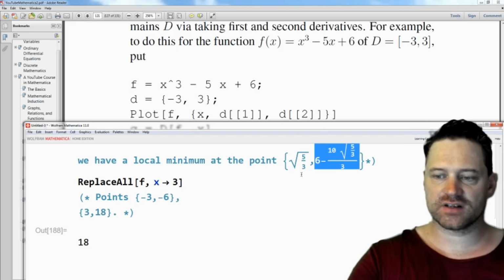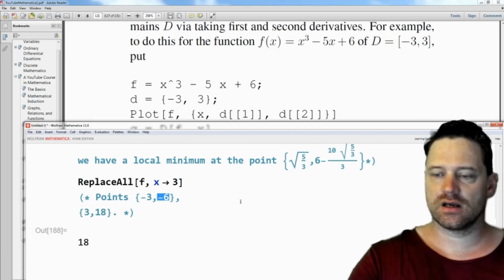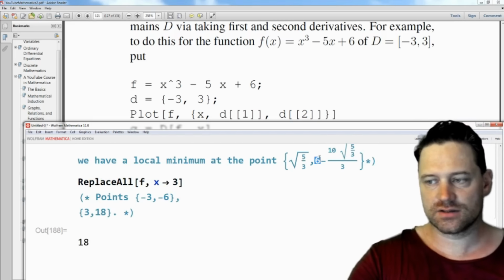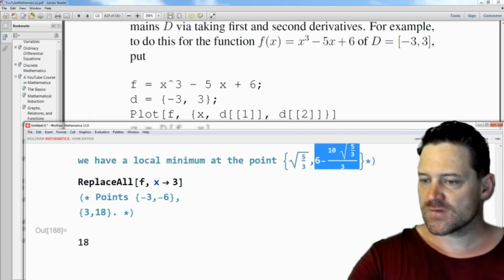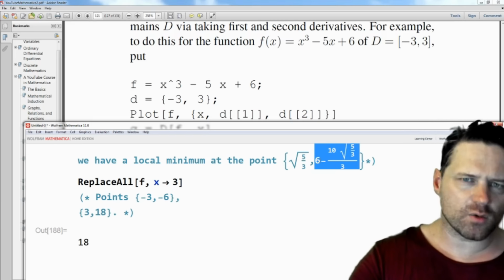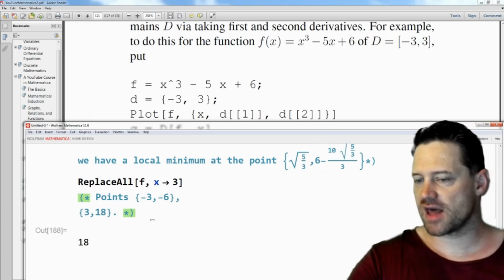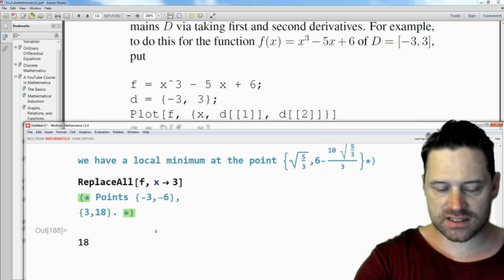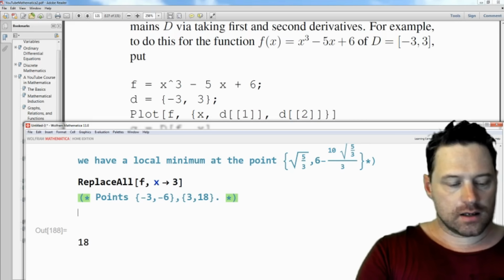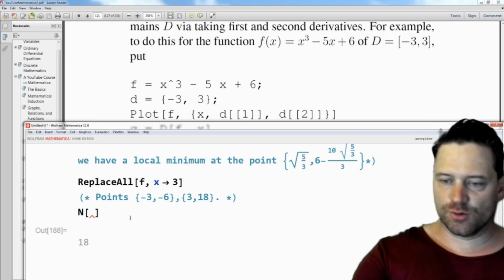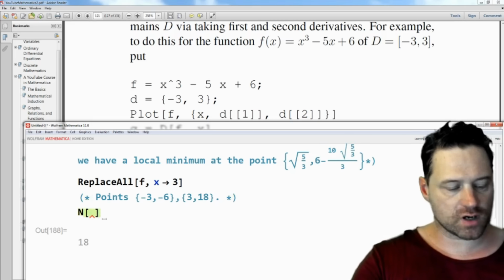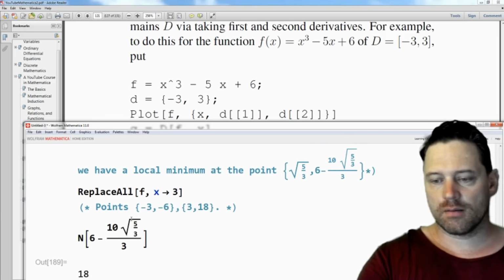We just have to compare these two numbers. So how do we do that? Well, you can just do so by looking, but this is a Mathematica tutorial, so let's just calculate. We'll take the numerical value of this number right here, and we're comparing that with minus 6.